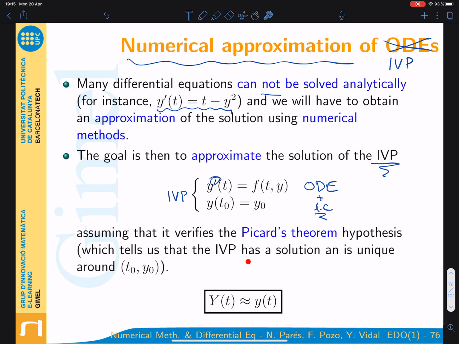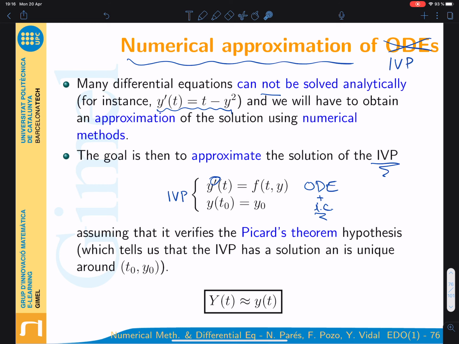So we have the guarantee from Picard's theorem that the initial value problem that we want to solve has a solution and it is unique. So we can really try to solve it using a numerical approach, and we have the certainty that we are trying to find a precise, specific solution that exists, and convergence will be easier to guarantee.